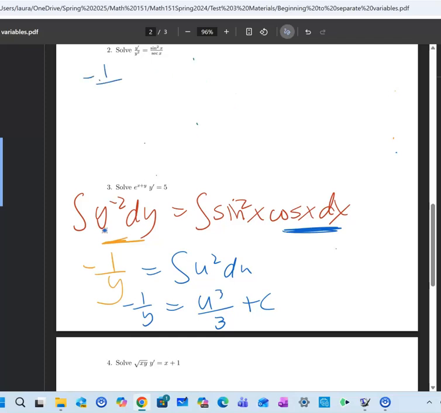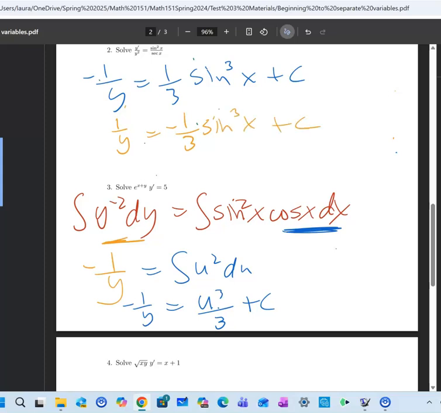Negative 1 over y equals 1/3, and I'm putting the u equals the sine back in, so I get sine cubed of x plus c. Okay, so here's where we need to be careful. I want to solve for y. Let's start off by multiplying through by negative, just get rid of that negative. So I get 1 over y equals negative 1/3 sine cubed of x.